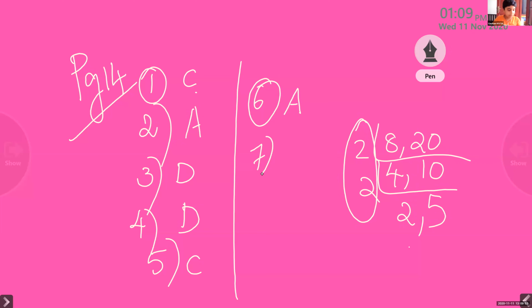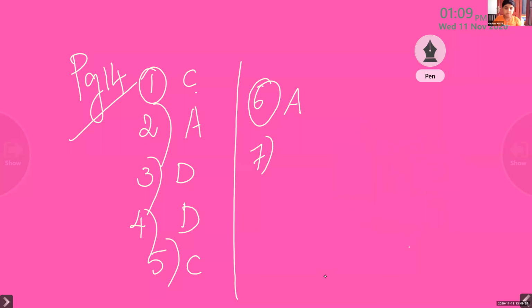The factors of 4 are 1, 2 and? 4. Very good. You know the highest factor is the number itself. So factors of 4 are 1, 2 and 4.